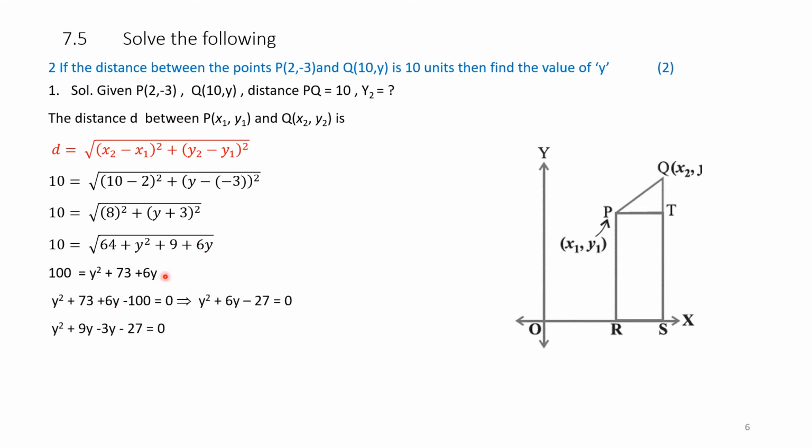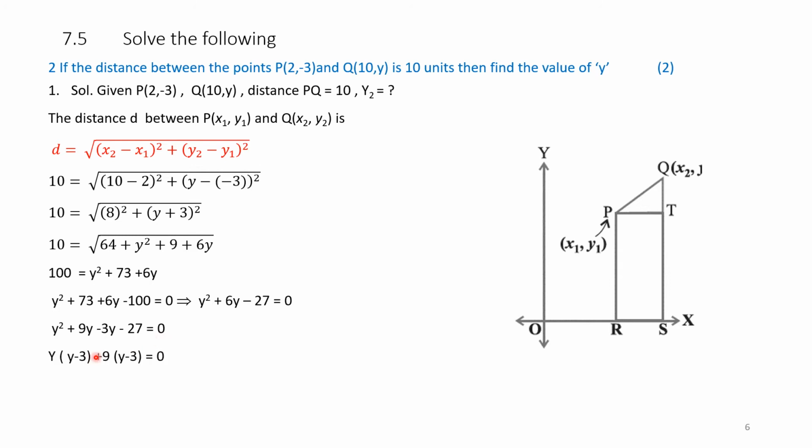Therefore, simplifying, we get y square plus 73 plus 6y, and minus 100 taken on the right side changes the sign, minus 100 equals 0, or y square plus 6y minus 27 is equal to 0. Then again factorizing this, we get y square plus 9y minus 3y minus 27 is equal to 0.